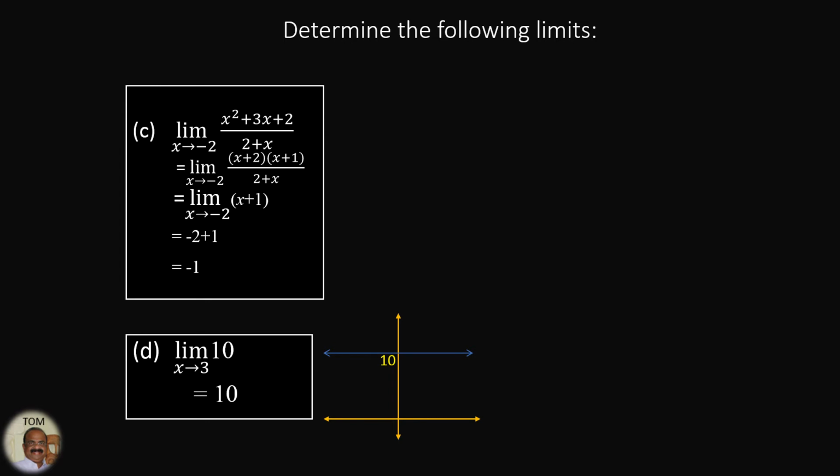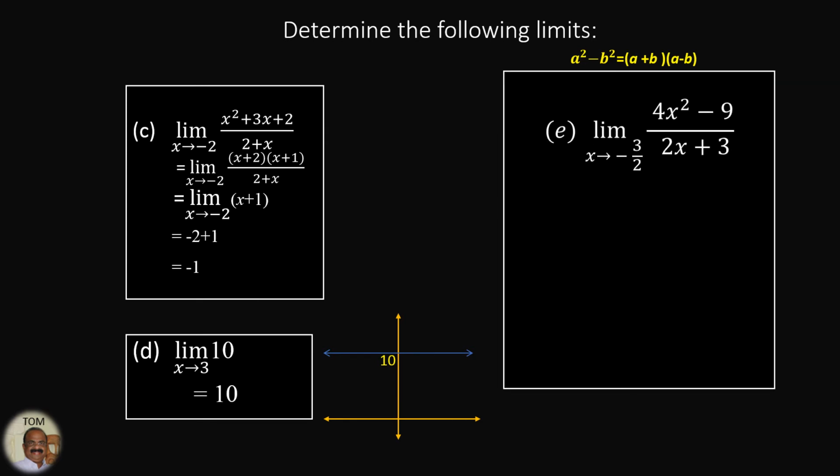Wherever we go along this line y equal to 10, the y coordinate will always be 10. That's why we say that the equation of that line is y equal to 10. Any x value, you can start from left or start from right. Wherever you go, you can substitute any value for x, but the y value will still remain 10. That's why we get limit of 10 equal to 10.